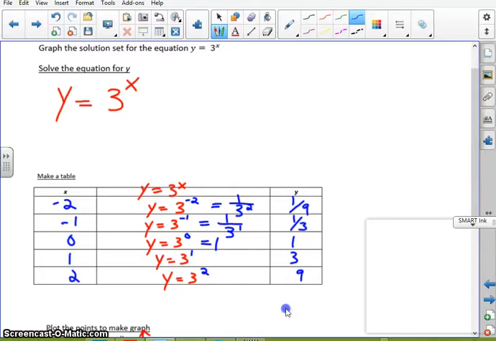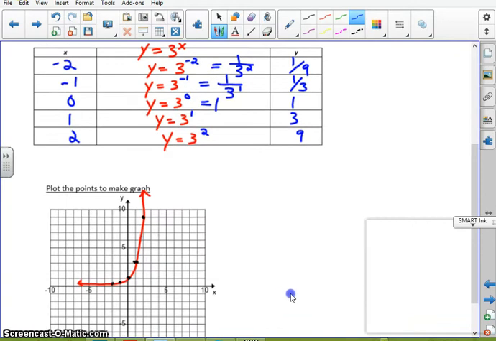So I have my solution set now for this equation.